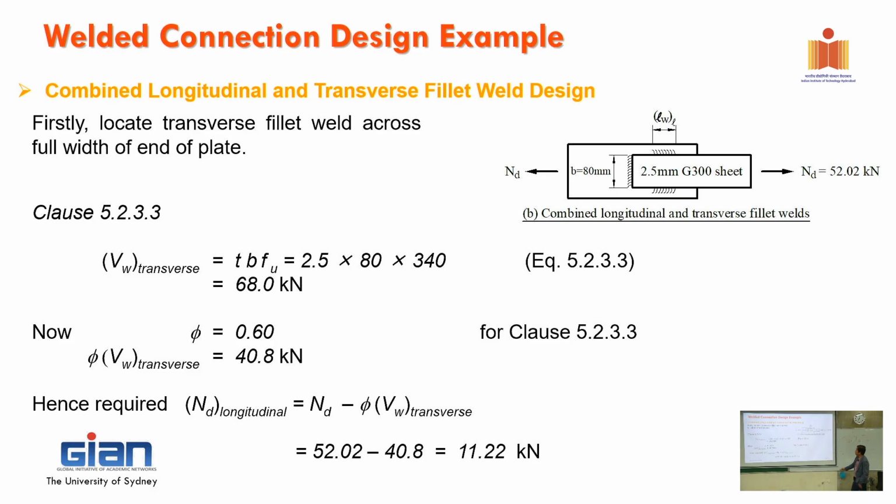So what we do, we take the design capacity ND from the longitudinal check, and we minus the transverse one, and we got 11 as the remaining load capacity. Because the transverse, we take the full length, and it will carry that much, and the rest, the longitudinal will carry.